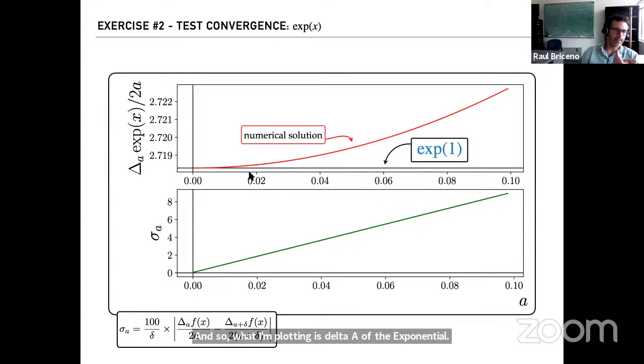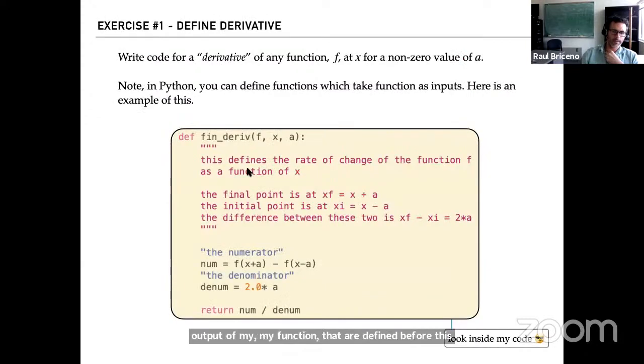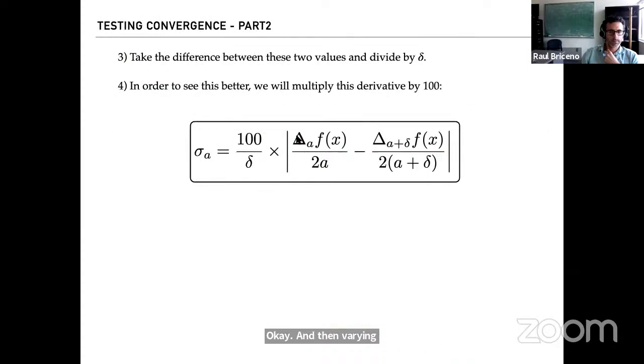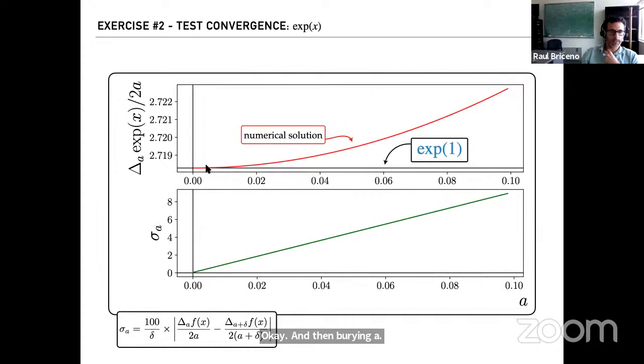Really, what I'm plotting is the output of my function that I defined before, this fin deriv, for some function which I picked to be an exponential, one value of x, which I'm always fixing to be 1, and then varying a.